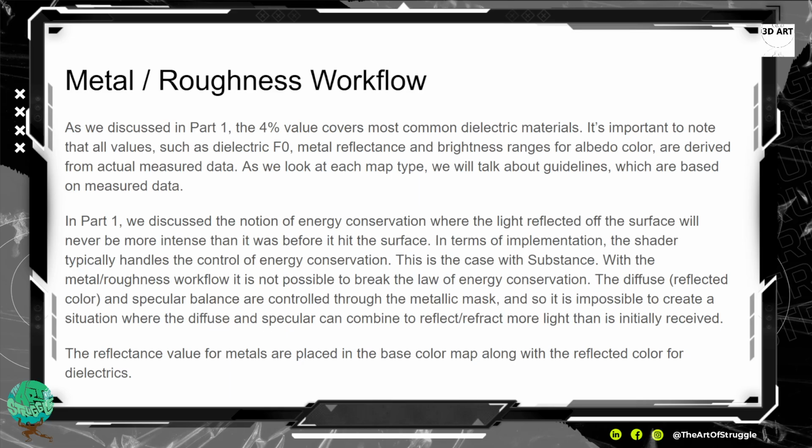In part 1, we discussed the notion of energy conservation, where the light reflected off the surface will never be more intense than it was before it hit the surface, right? We talked about how some of that light either gets reflected or absorbed, right?